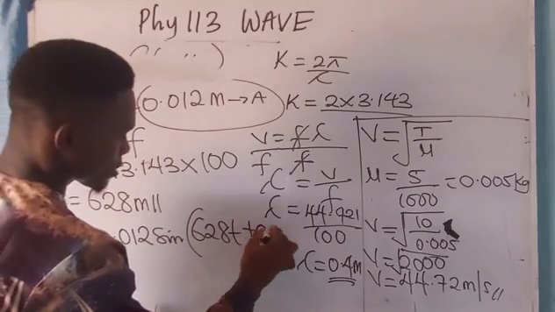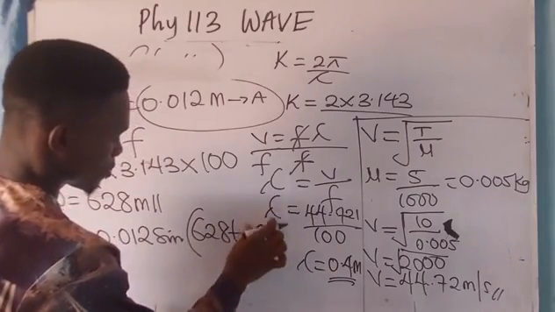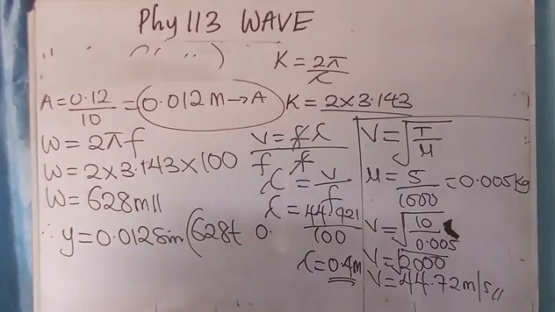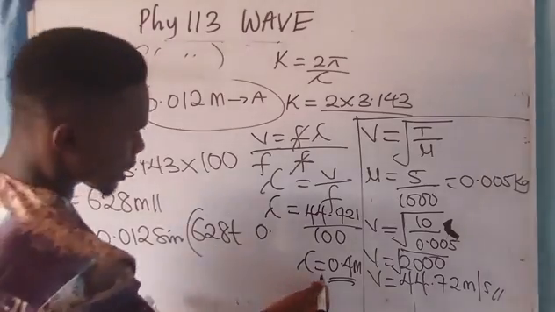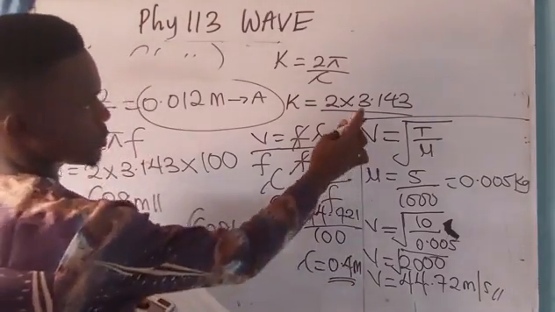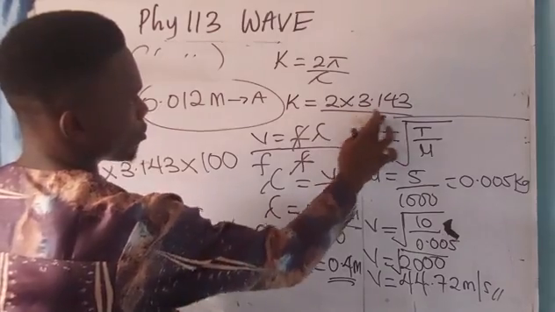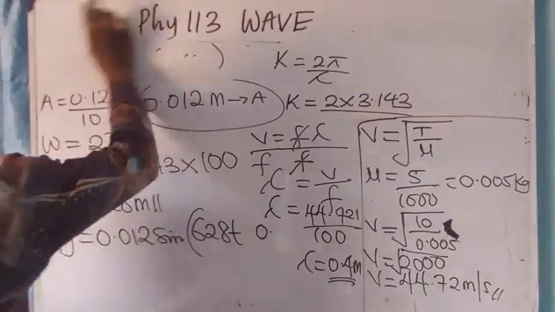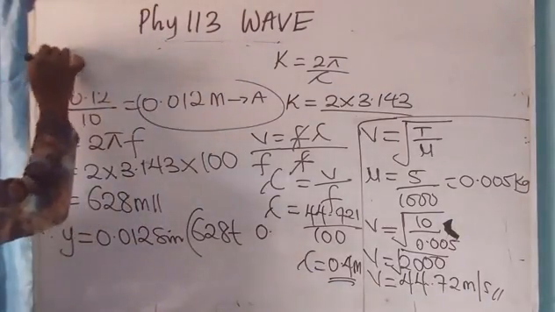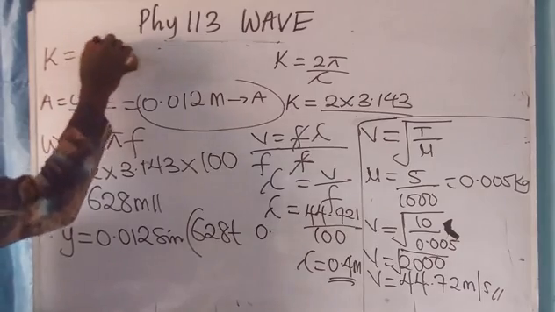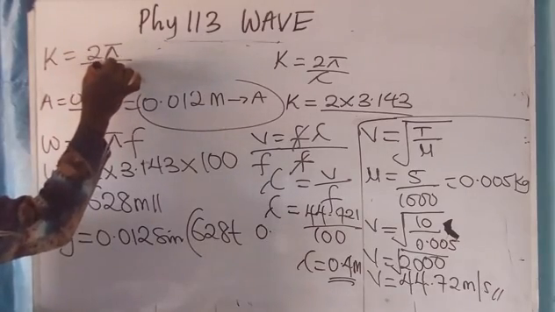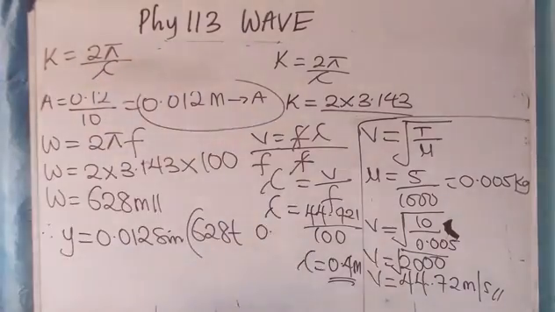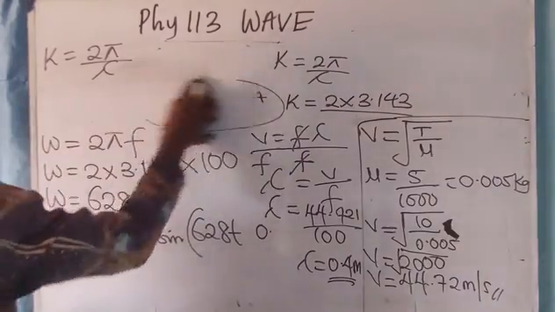All right, so our new expression is what? We have gotten lambda as 0.4 meter, so we are looking for K. K equals 2 pi over lambda.